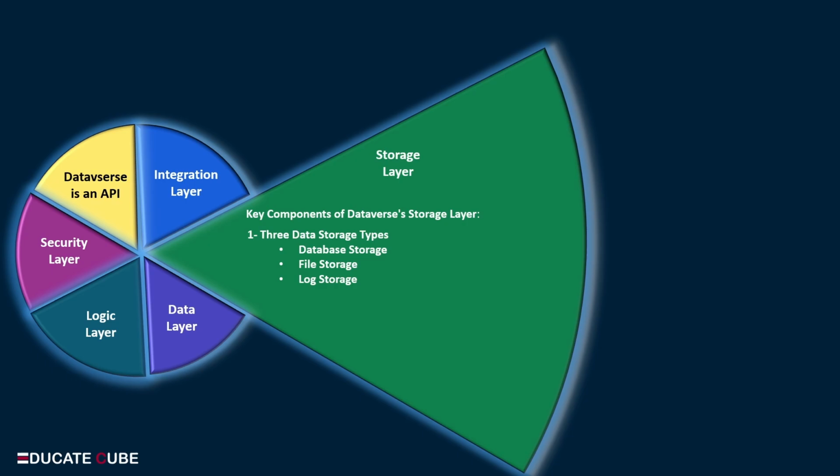Now, the next feature is data management. Dataverse doesn't just store data; it manages it intelligently with features like data modeling for defining tables, relationships, and keys, and it supports one-to-many and many-to-many relationships for complex data structures.